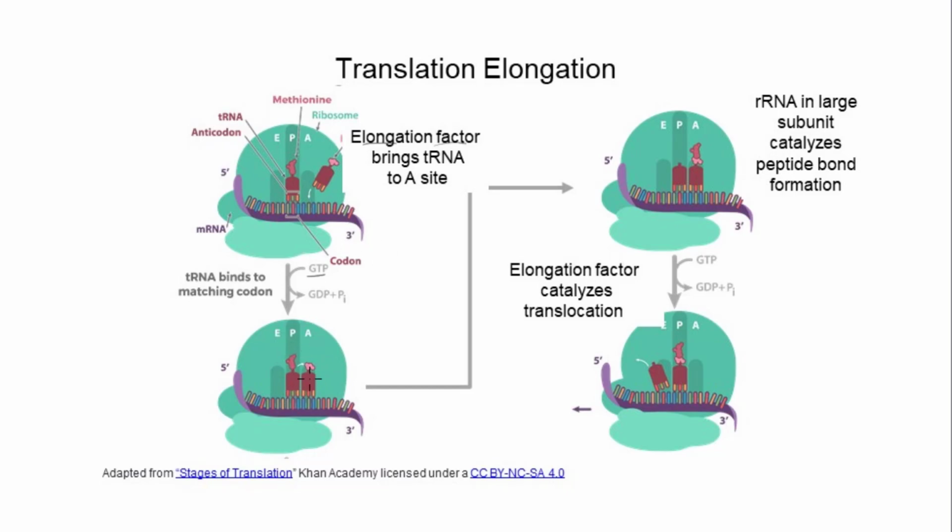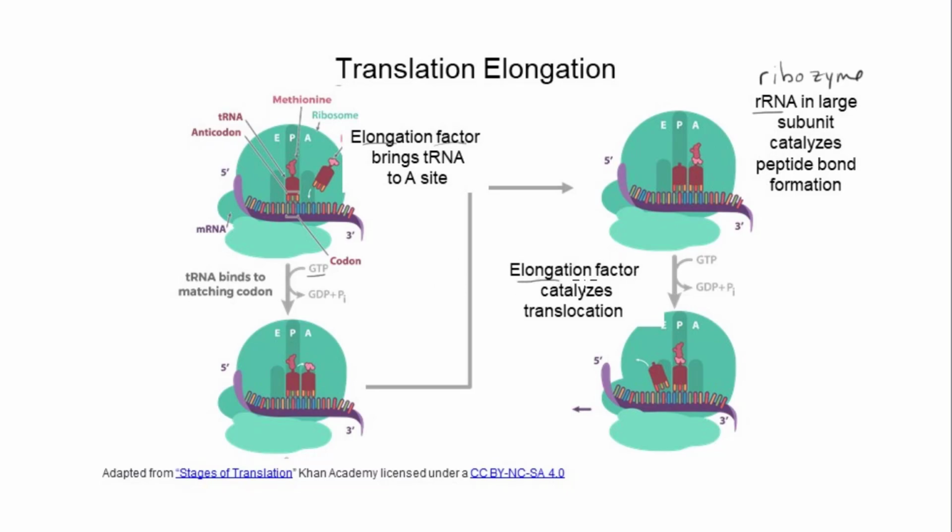Once the 2 amino acids on their tRNAs are positioned next to one another in the P and A sites, the enzymatic activity of a large subunit rRNA, the ribozyme, catalyzes peptide bond formation between the amino acids, which breaks the covalent bond between the amino acid in the P site and its tRNA. So essentially, the tRNA in the A site is now holding a dipeptide consisting of the amino acid it's linked to and the first amino acid, now connected together by a peptide bond.